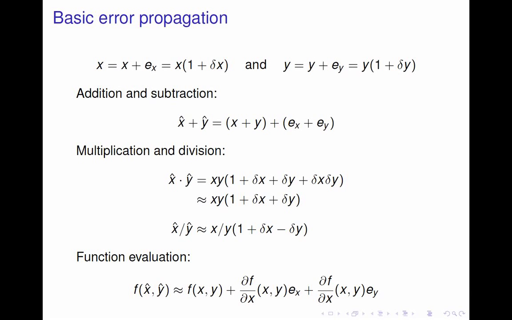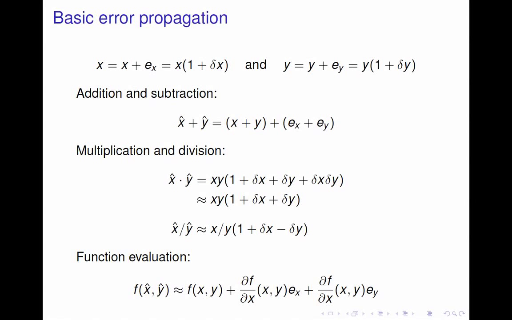Similarly, if I look at quotients, x hat over y hat is equal to x over y with a relative error of delta x minus delta y. So it's the difference of the relative errors. Now, more generally, if I'm trying to evaluate some arbitrary function, which I'll assume is at least nice and differentiable, f of x hat and y hat can be estimated in terms of a first order Taylor series.